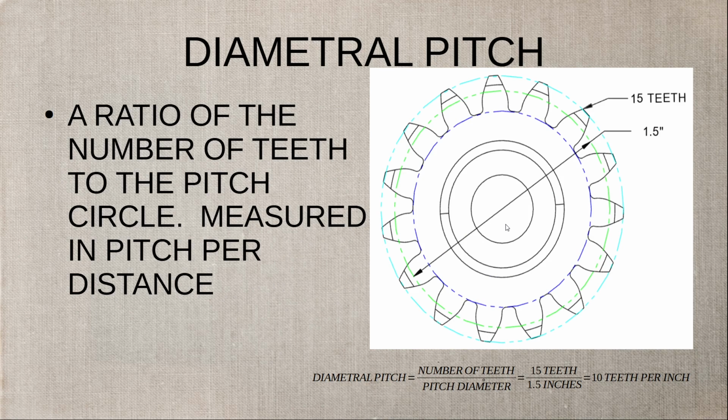The diametral pitch is a ratio of the number of teeth to the pitch circle diameter. This is measured in teeth per distance. So in other words, I have 15 teeth. I have a pitch circle of 1.5 inches. So I say the number of teeth divided by the pitch diameter is 15 teeth per 1.5 inches, or 10 teeth per inch.